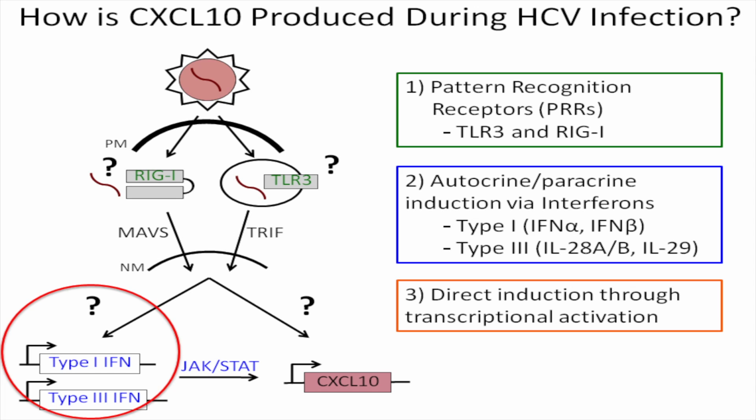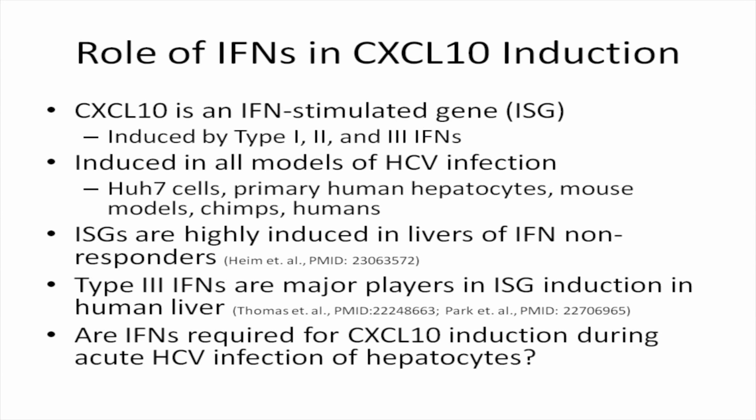So the next question we wanted to ask is, what is the role of type 1 and type 3 interferons in this process? And the reason for looking at interferon is that CXCL10 is an interferon-stimulated gene. It's induced by all types of interferons: interferon alpha, beta, type 2 interferon or interferon gamma, as well as type 3 interferons, interleukin 28 and 29.